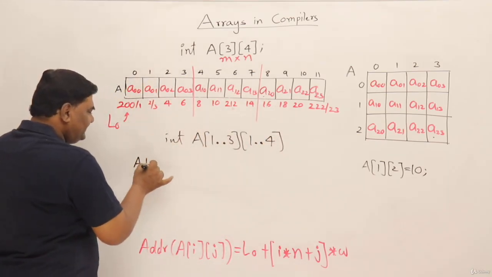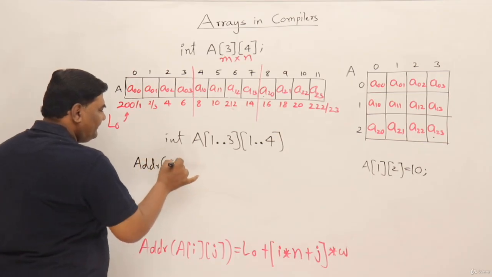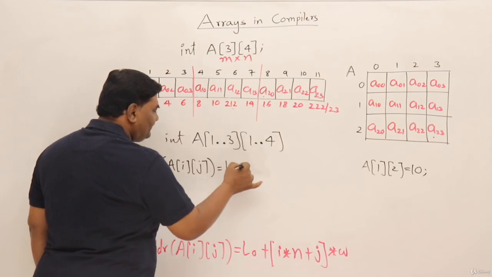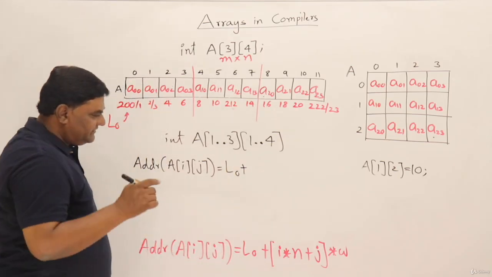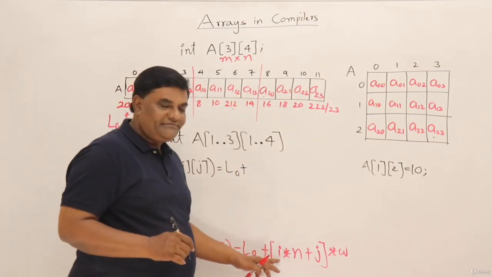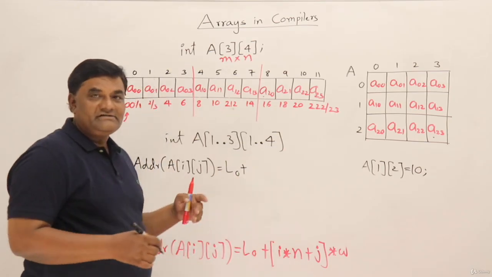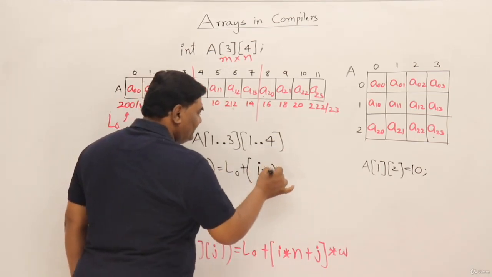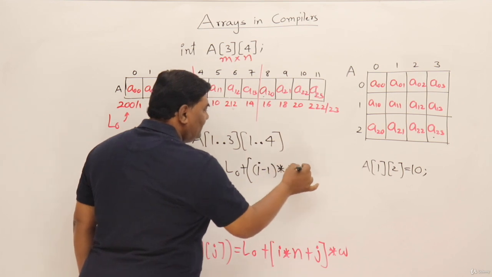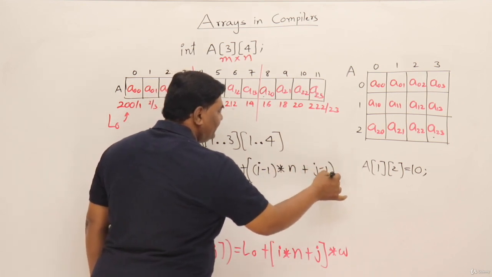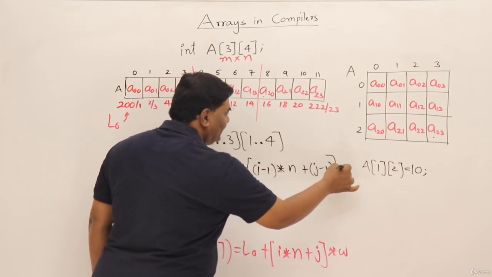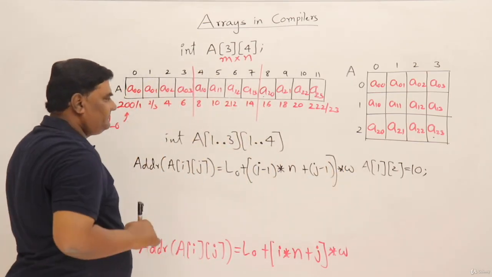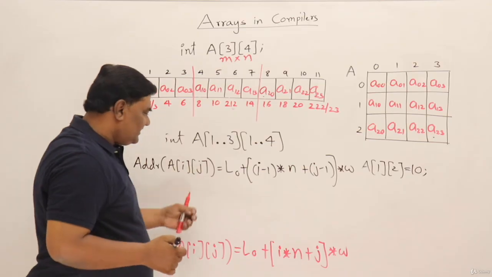So the address of any location A of i, j can be obtained by L0 plus, as we have already seen for single dimension, (i minus 1) was used because the indices are starting from 1 onward. So here it will be (i minus 1) into n plus (j minus 1), then multiplied by word size, that is the data type size. So this is the formula.